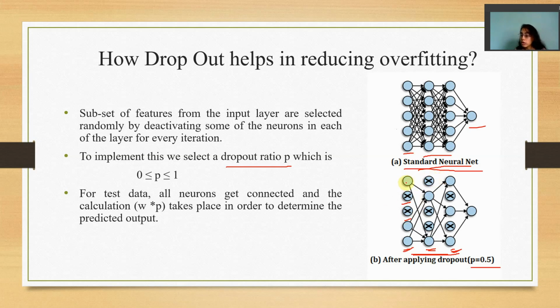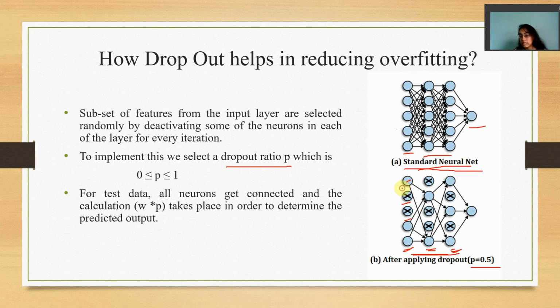But the neurons which are activated, like the first neuron in the input layer, are connected to the other activated neurons, but not to the deactivated ones.